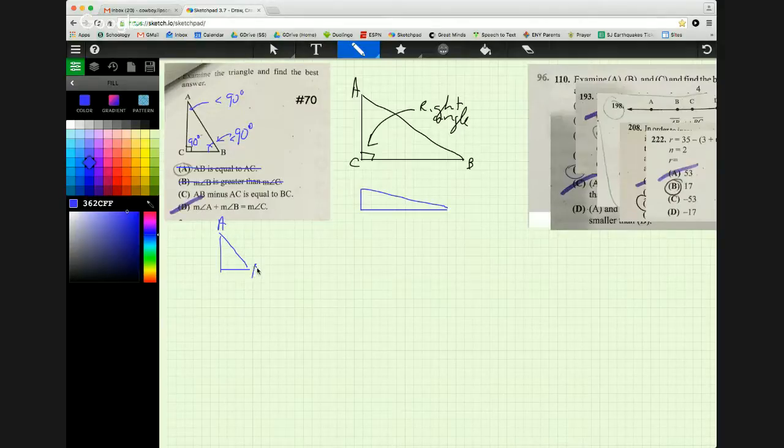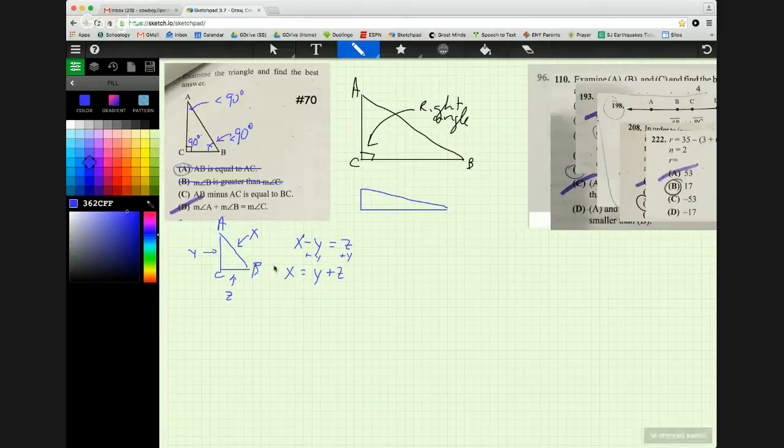So if we call this side X and this side Y and this side Z, what they're saying is X minus Y is equal to Z. Or in other words, X, the long side, is equal to the two short sides added together. See what I did here? I added Y to both sides.